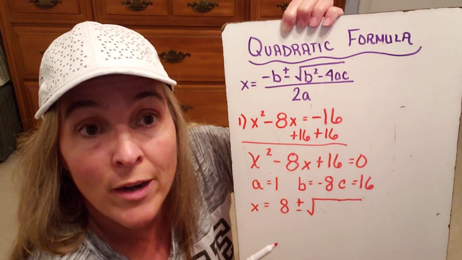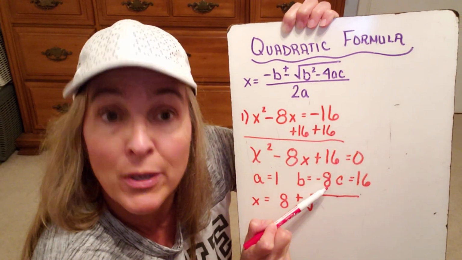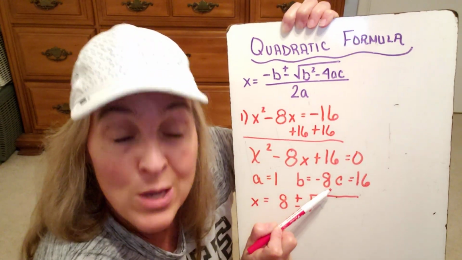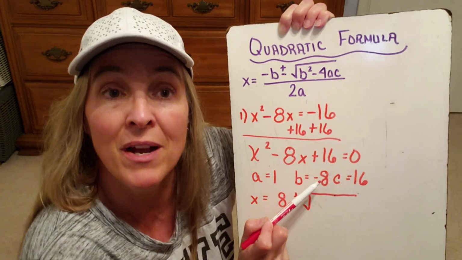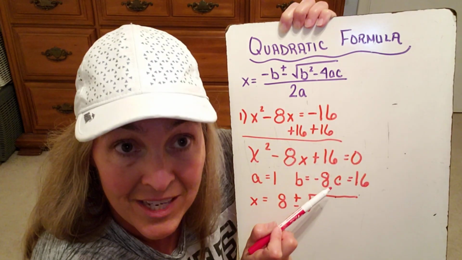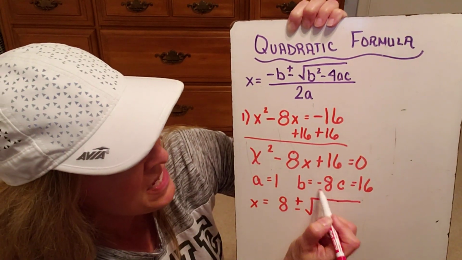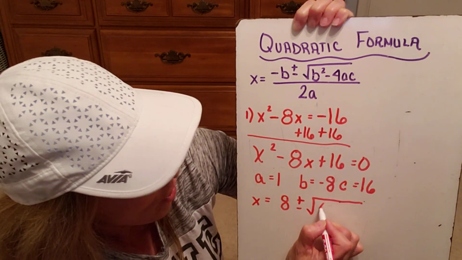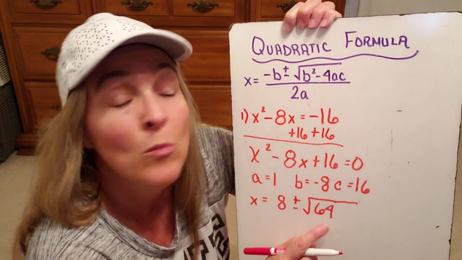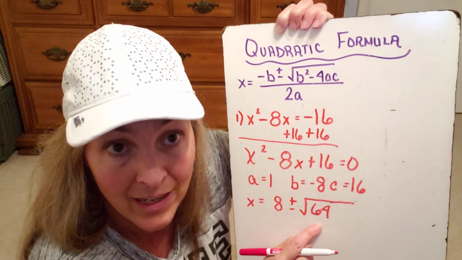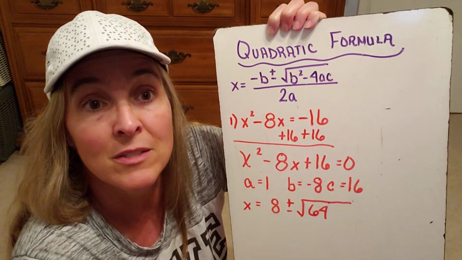When you do b squared, it does not matter whether your b is a negative number, because negative times negative is positive, or whether your b is a positive number, because a positive times a positive is a positive number. So when you square this b right here, you are always going to end up with a positive number.